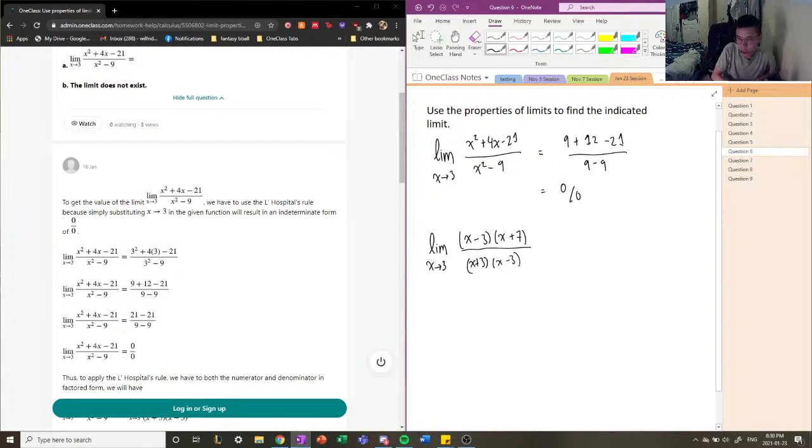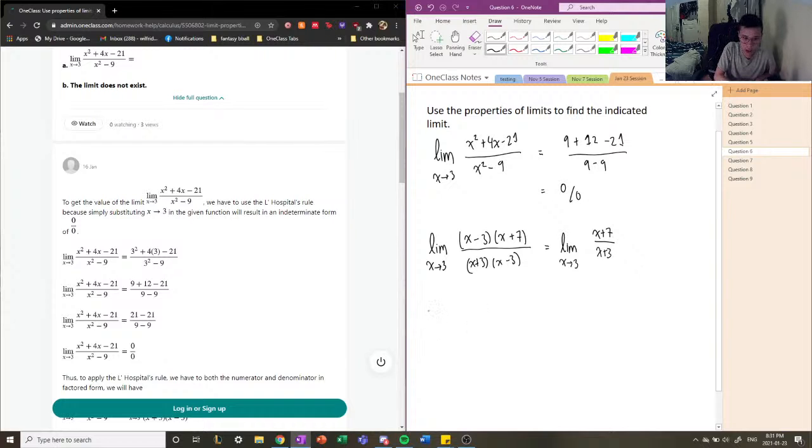You guys can pause the stream or the video to check that these are indeed the factors of the numerator and the denominator. So once I find that these factors exist, I can basically cancel out x minus 3 because they are both on the numerator and denominator, and we get that the limit is actually the expression x plus 7 divided by x plus 3, as x approaches 3.